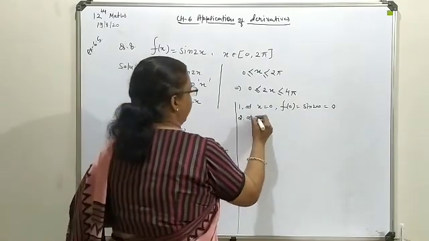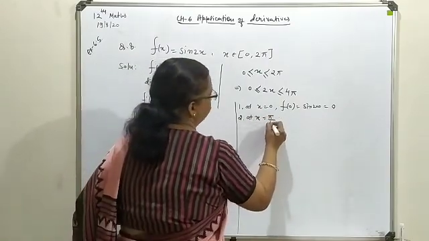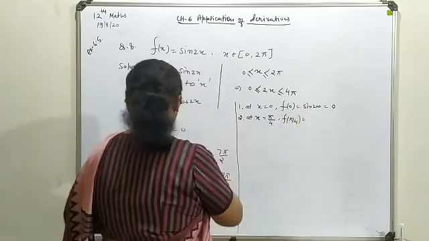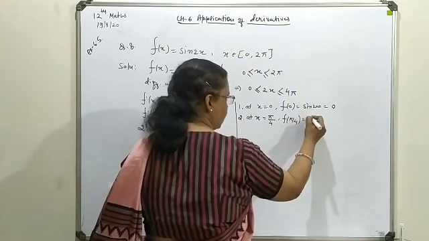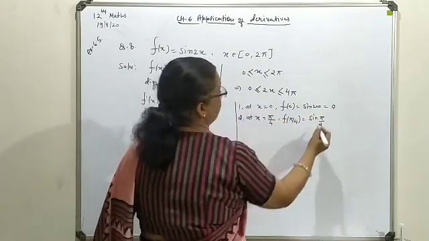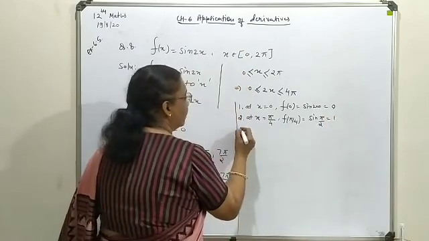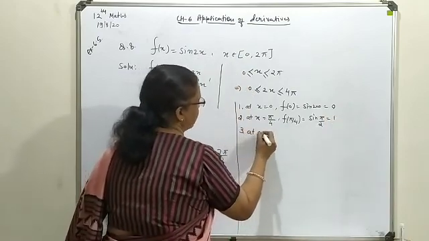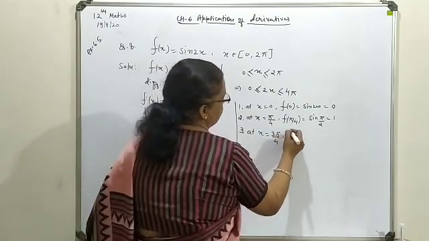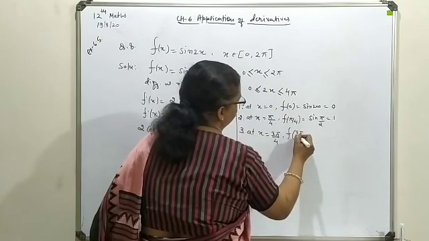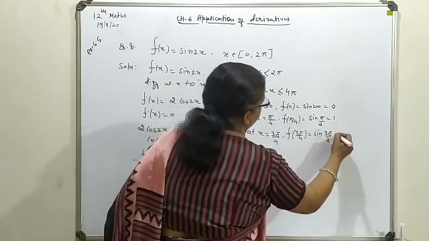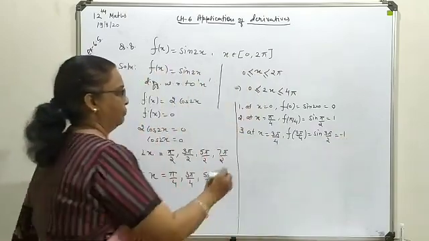So here x is pi by 4. f(pi by 4) means sine pi by 2, that is 2 into x, which gives 1. Next, third, at x is equal to 3 pi by 4, f(3 pi by 4) will give you sine 3 pi by 2, that is minus 1.